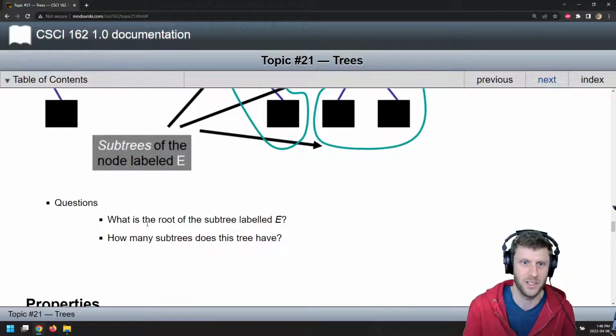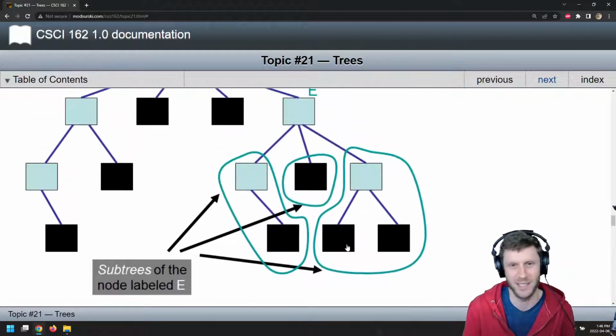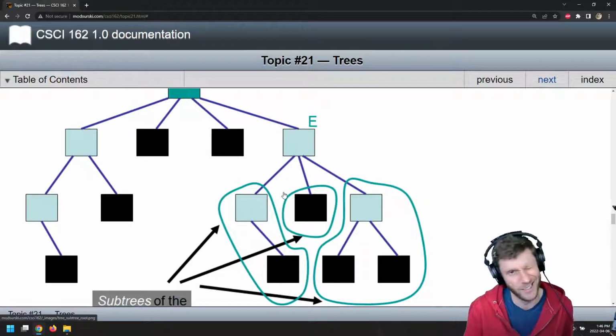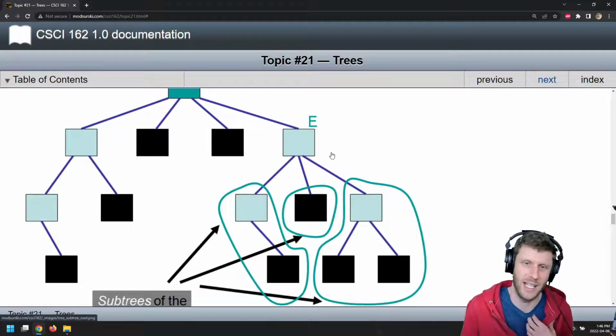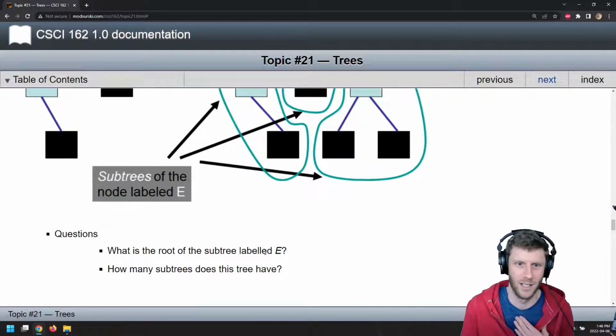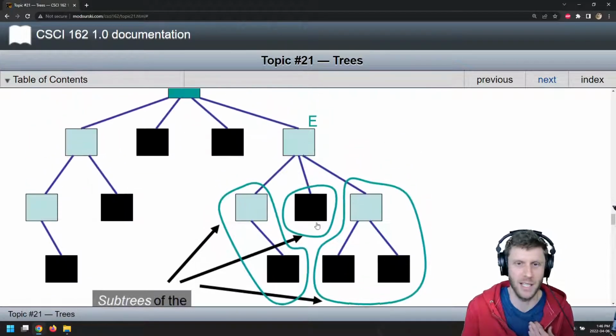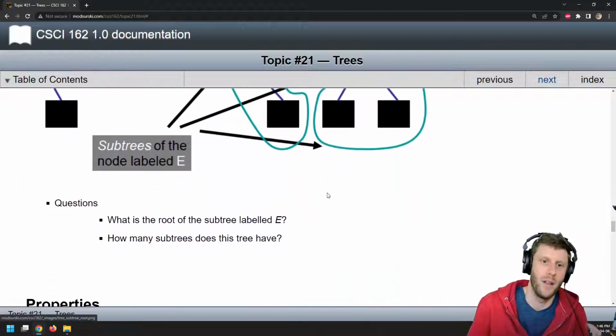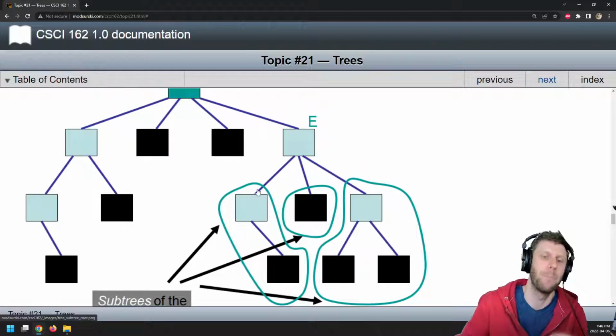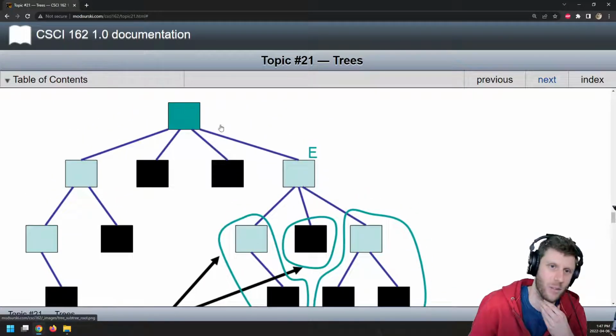And it's saying, what's the root of the subtree labeled E? Well, the subtree isn't labeled, the node's labeled. So I think what I would say is the E is the root. But the whole subtree's parent is the root, I guess, here.